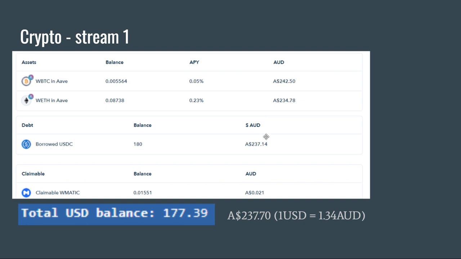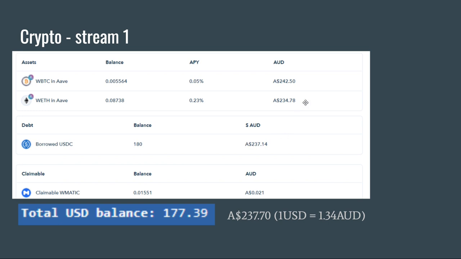So after depositing that, I've actually been able to borrow a set amount of USDC, which is a stable coin, and I've subsequently used that and converted that into further Bitcoin and Ethereum. My premise for doing this is that I think Bitcoin and Ethereum are pretty solid tokens, and they'll go up in the long run.